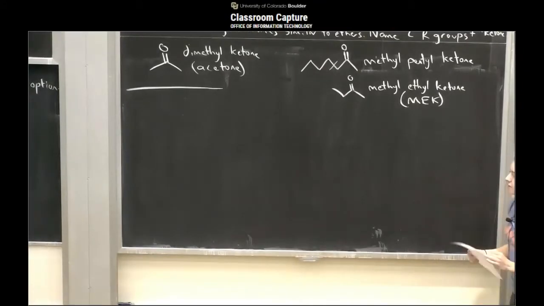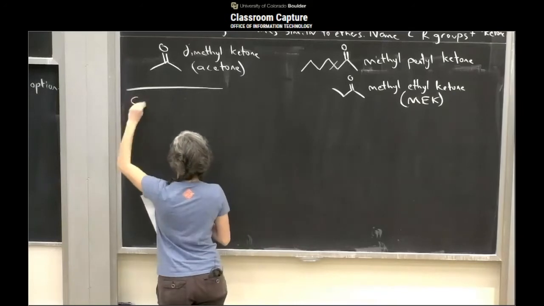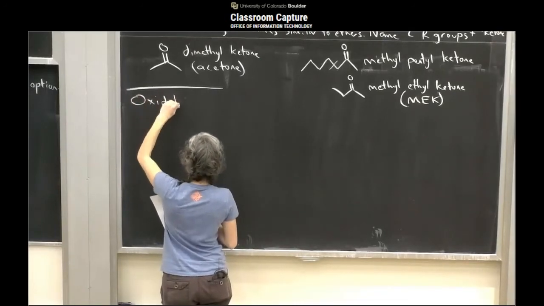Okay, so before we get into the reactivity here, it helps to have sort of a roadmap to look at where we're going, and this actually ties back into the cases where we've been making aldehydes and ketones in the past. So looking at oxidation states is a good place to get our bearings.